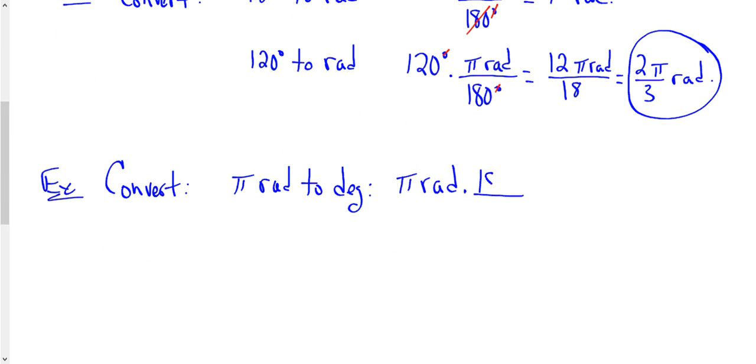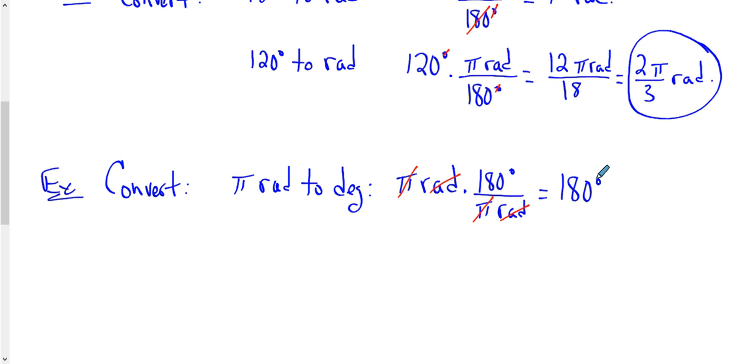So 180 degrees divided by pi radians, right? The radians cancel, the pis cancel, and that would leave you with 180 degrees. So we just did the conversion for something we already kind of established, right?